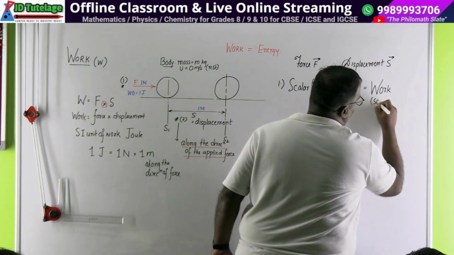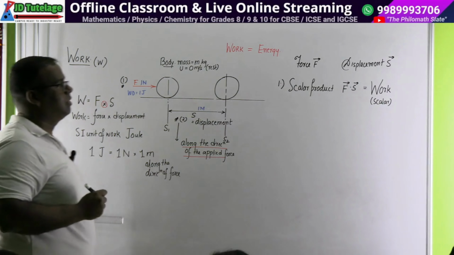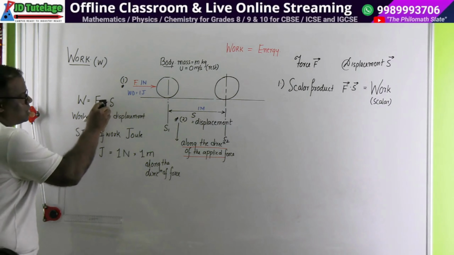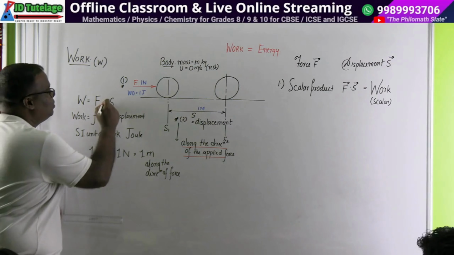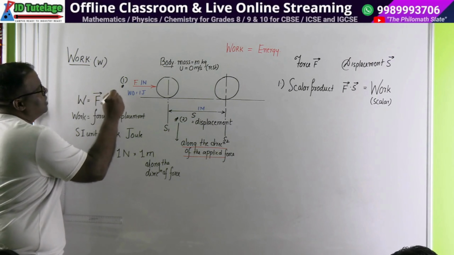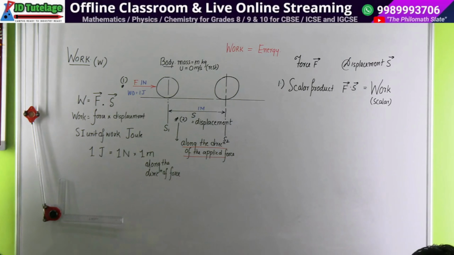This is scalar. Understood? So, do you authorize me now to remove this cross and write it with a dot? Yes, sir. Right? And I am writing work as a scalar quantity, as a dot product of two vectors, right? Okay?